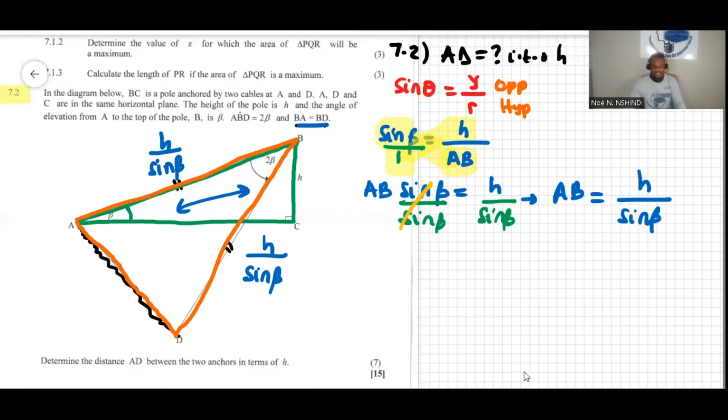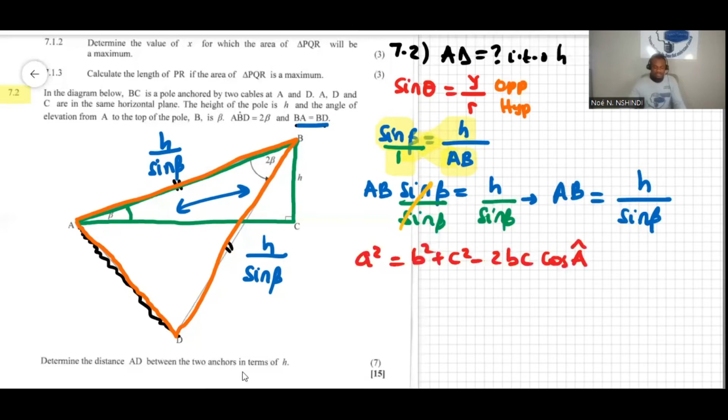We can use the cosine formula to find the side AD. The cosine formula says a squared equals b squared plus c squared minus 2bc times cos of the angle opposite the side a.